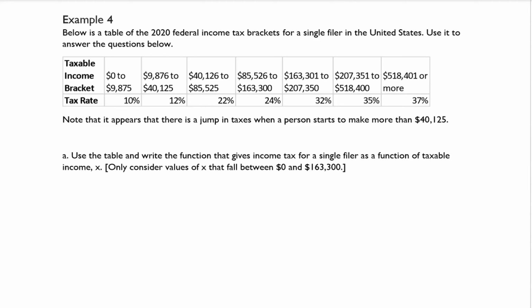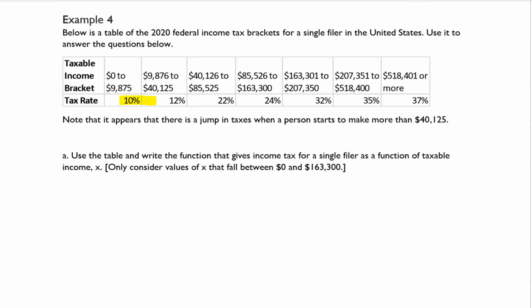Example 4 says, below is a table of the 2020 federal income tax brackets for a single filer in the United States. These are the actual numbers from the IRS, and we want to use it to answer the questions below. Before we start part A, note that it appears that there is a jump in taxes when a person starts to make more than $40,125.